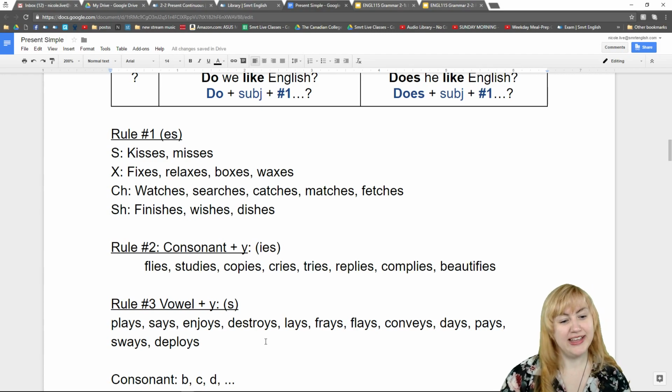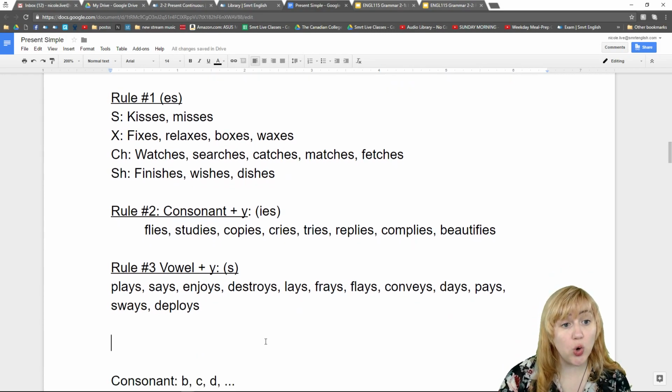Excellent. Okay, and then if your last letter is O, we're also going to put ES. There's not a lot of verbs that end with the letter O, and there are exceptions if it's a double O, things like that.